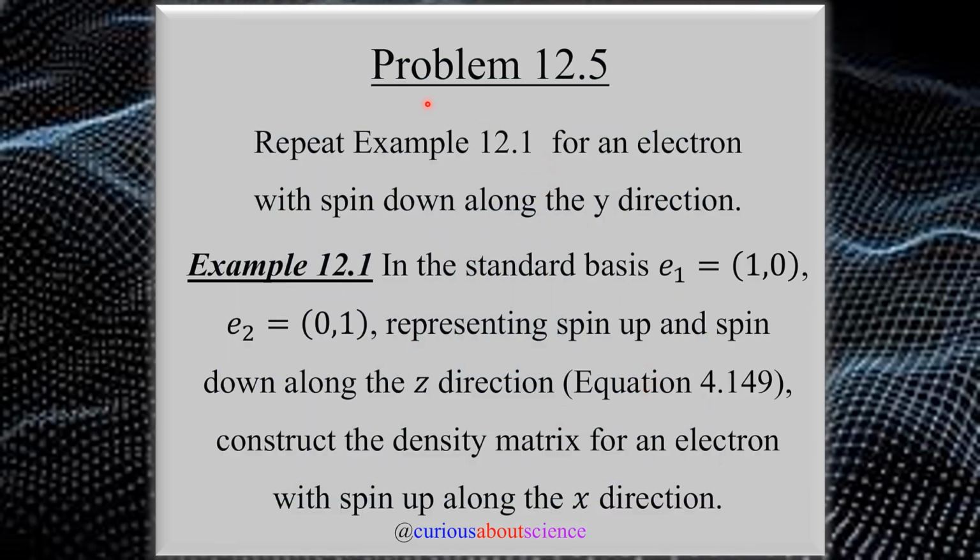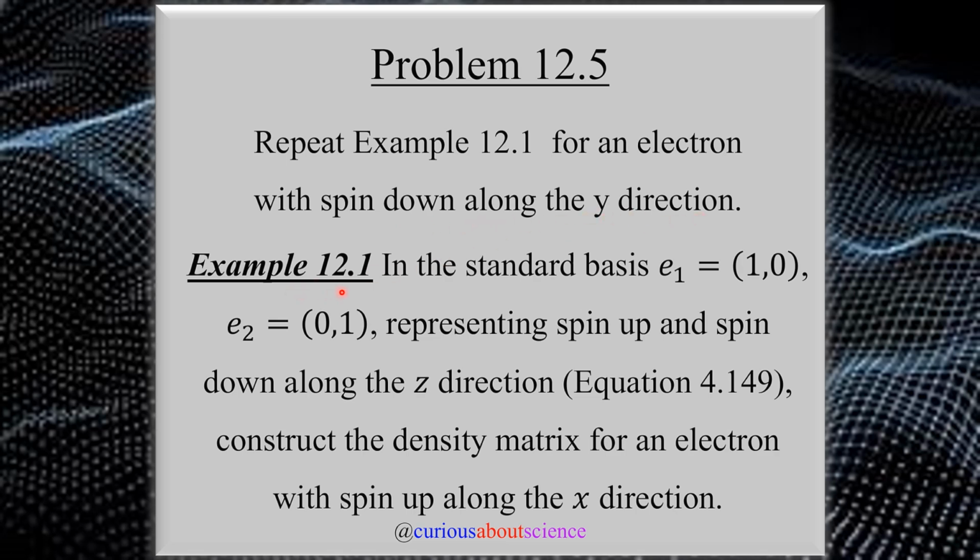So in this problem, 12.5, following up on the last problem where we talked about the density matrix and checked certain properties of it, we now have an example of how to make one from a given state. 12.5 tells us to repeat example 12.1 for an electron with spin down along the y direction.